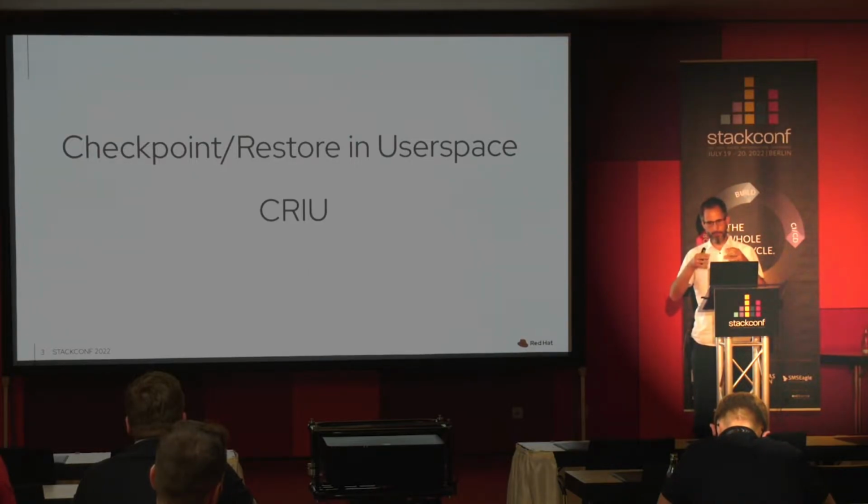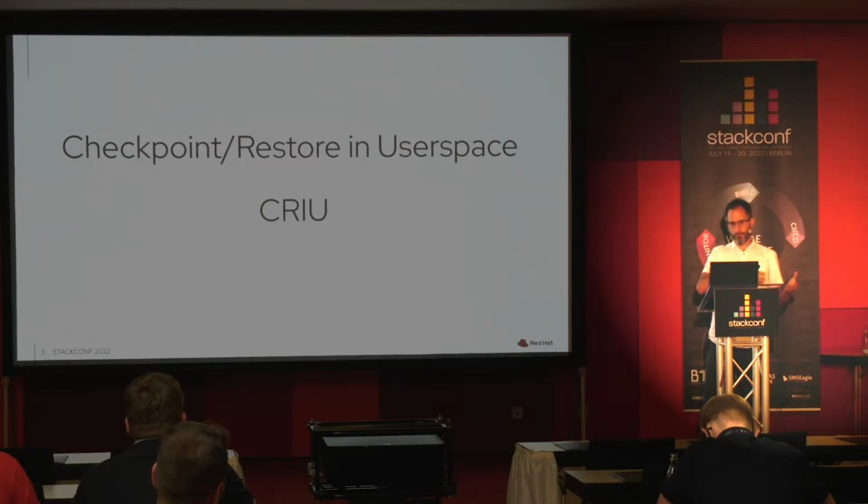But when this checkpoint restore in the kernel was proposed, it was a really large patch set, like 100 patches, touching a lot of subsystems. And so the Linux community at the time was not willing to merge this in-kernel approach.